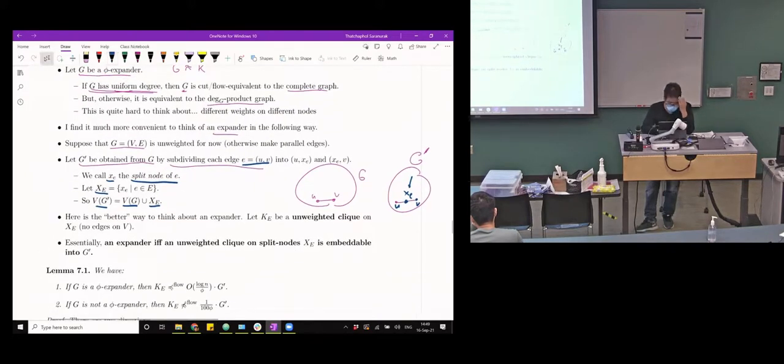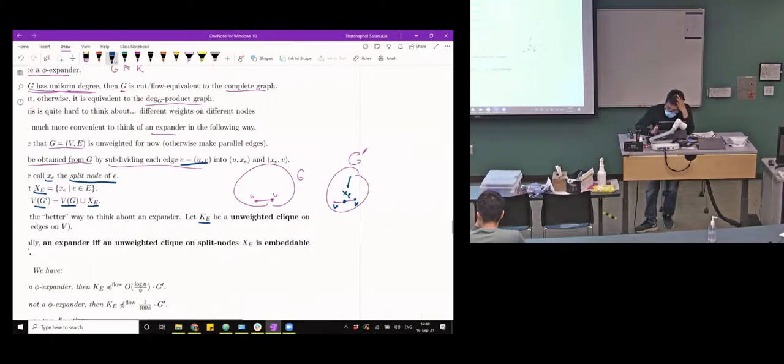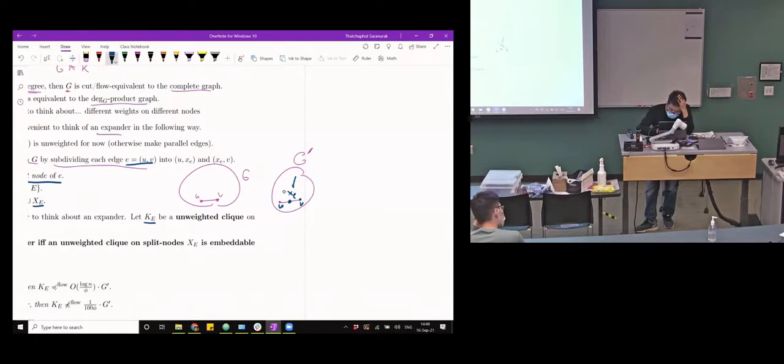Now here's a better way, at least in my opinion, to think about expander. Now you can think of the unweighted clique, the complete graph on XE. Think of KE as, for each XE, XE prime, XE prime prime, and so on, this forms a clique, and this is unweighted.